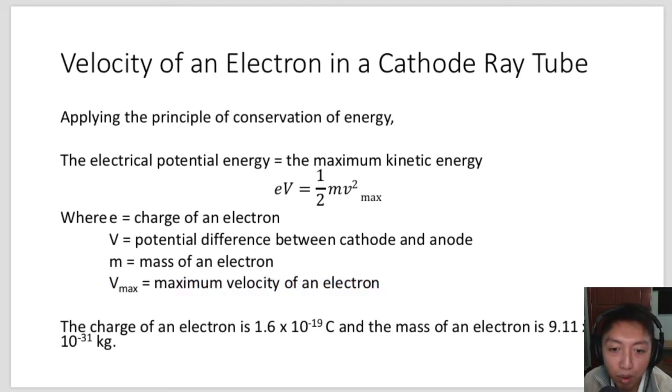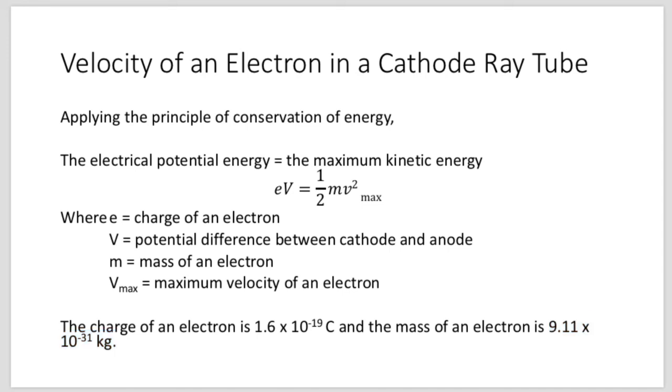And you also need to remember these numbers. The charge of an electron, we talked about that just now, is 1.6 times 10 to the power of negative 19 coulombs, and the mass of an electron is 9.11 times 10 to the power of negative 31 kilograms. In other words, very, very light. Very small.